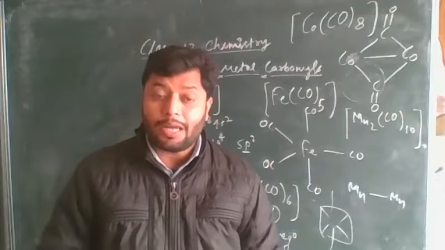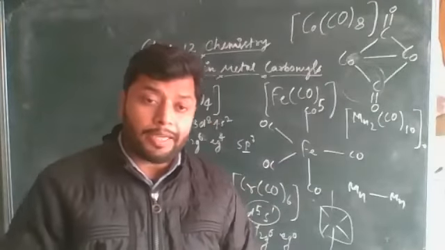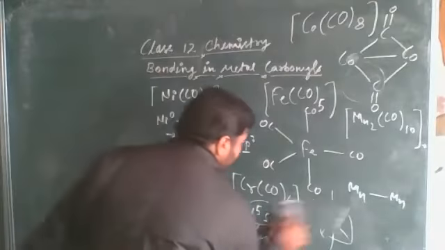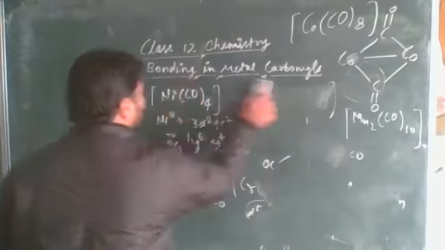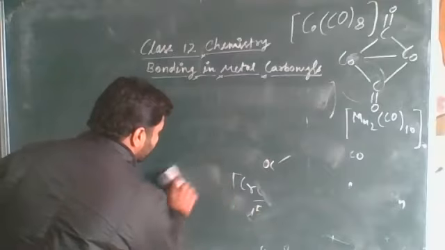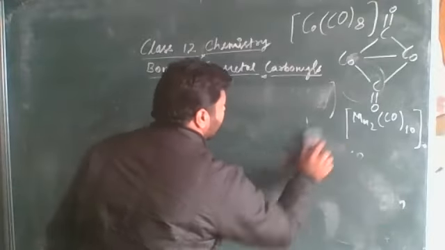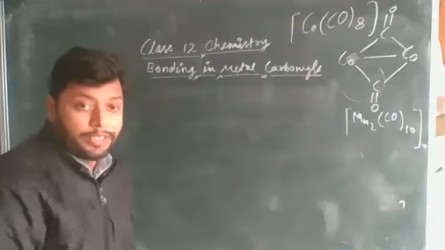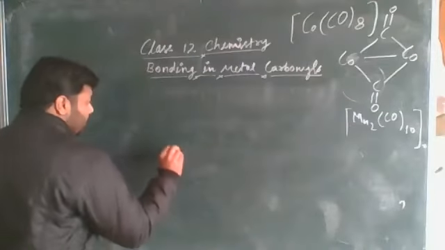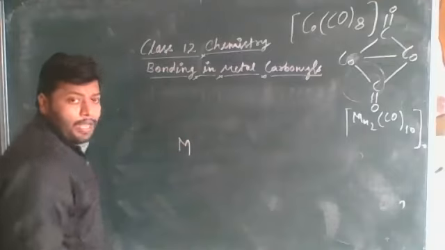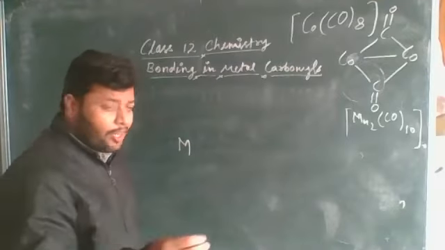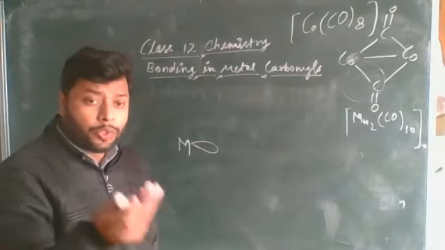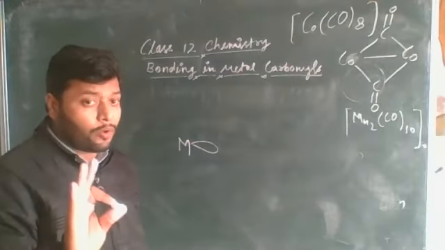Let's discuss the bonding possibility between the metal and the carbonyl compound. Students, first learn this: the metal must have an empty orbital from the d subshell to receive a pair of electrons from the carbon monoxide.